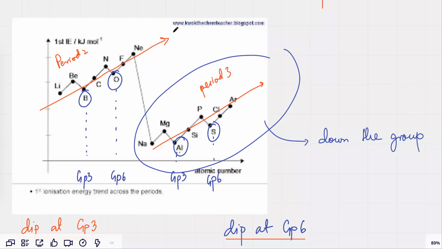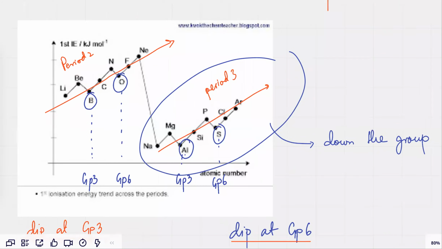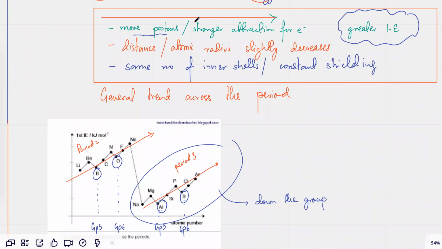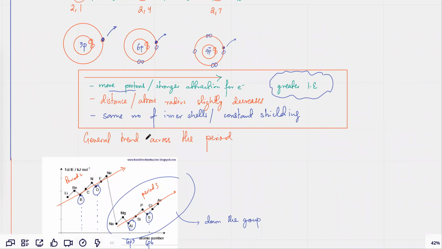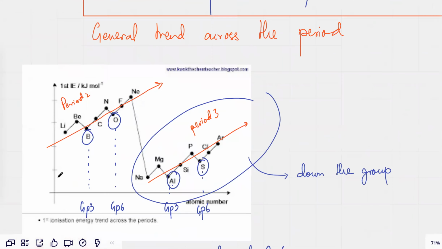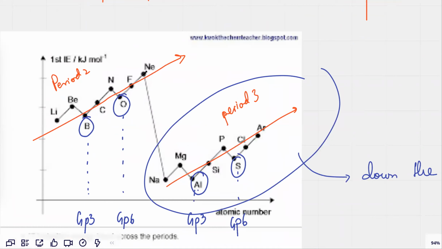Because across the period, what happens? You've got more protons, right? That was the general trend. When you move across the period, why was it more difficult to remove electrons from carbon? You got more protons, and the distance also slightly decreases. So there are two factors. Carbon has a higher ionization energy because it has more protons.